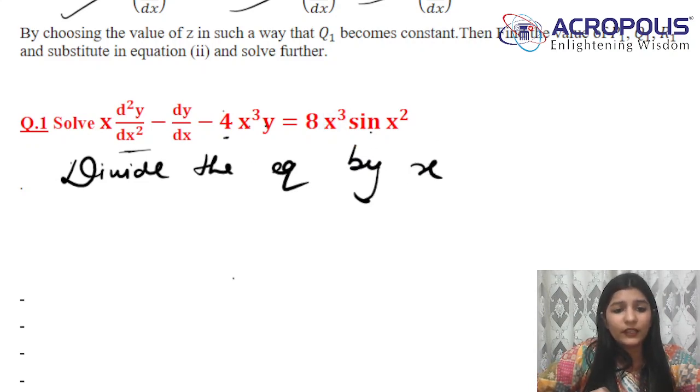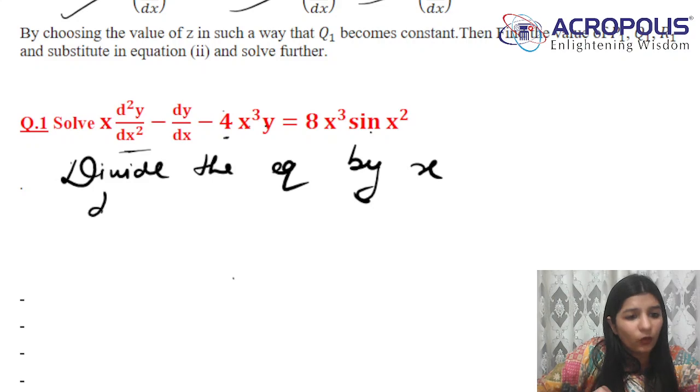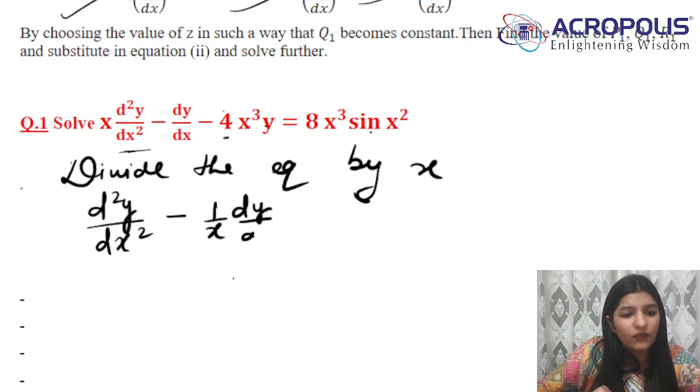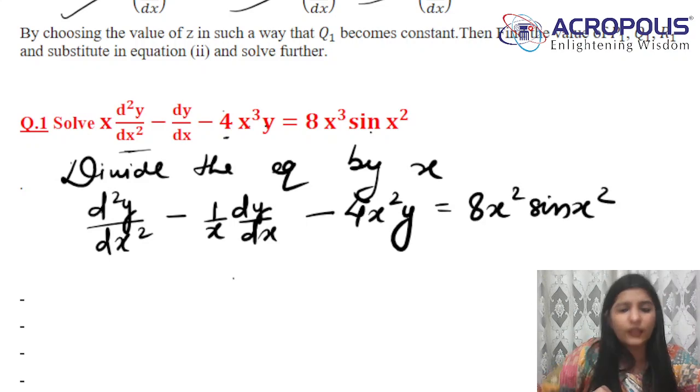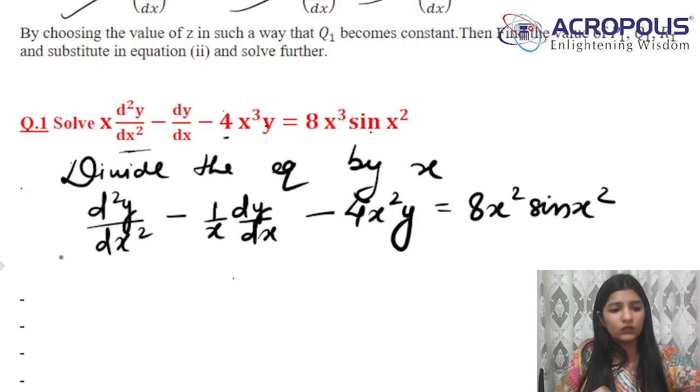On dividing by x, you can change the equation into standard form: d square y by dx square minus 1 by x dy by dx minus 4x square y equals 8x square sin x square. So the equation is now converted into its standard form.